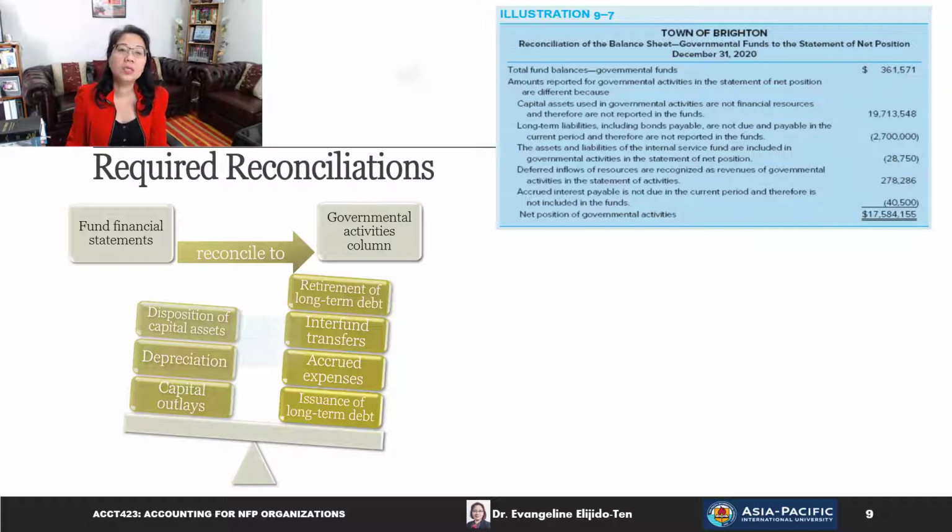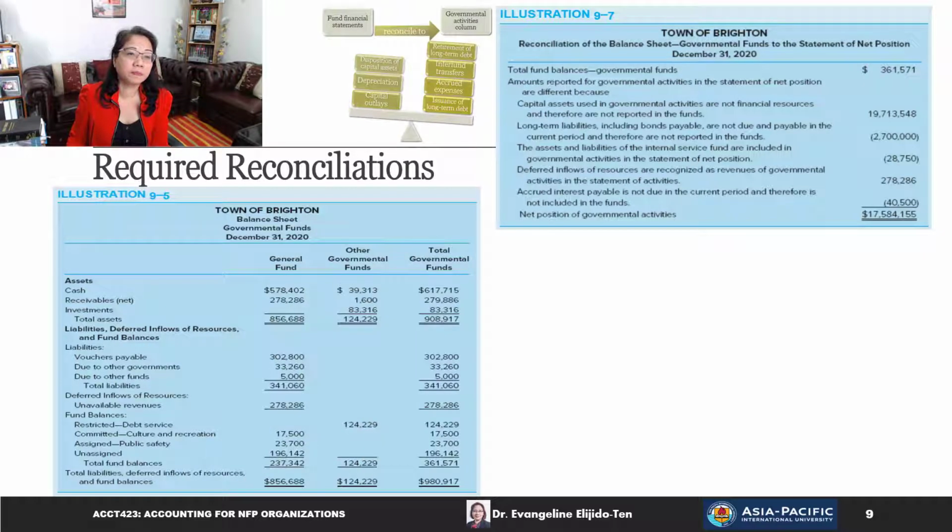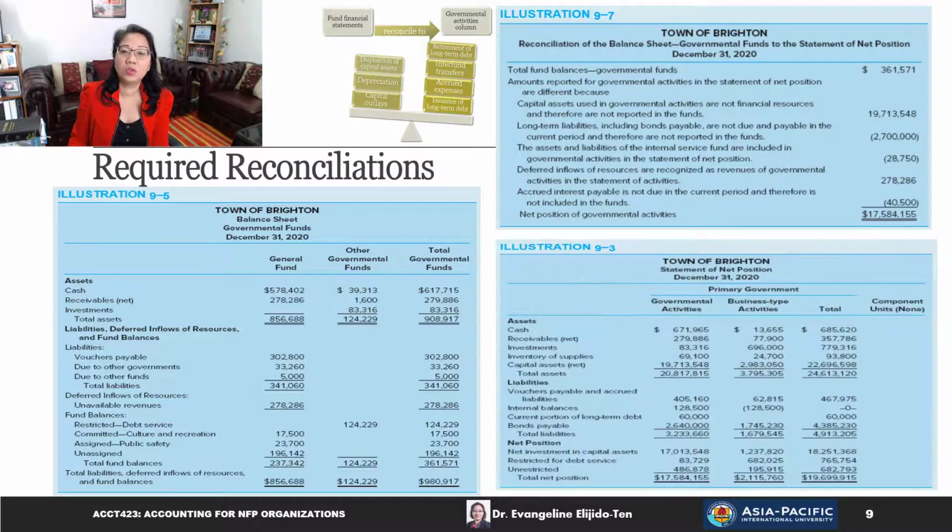All right, so let's have a look at the town of Brighton's balance sheet for governmental funds and also the statement of net position governmental wide. So the reconciliation of balance sheet governmental funds to the statement of net position will start from the total fund balances governmental funds. So where do we get that 361,571?